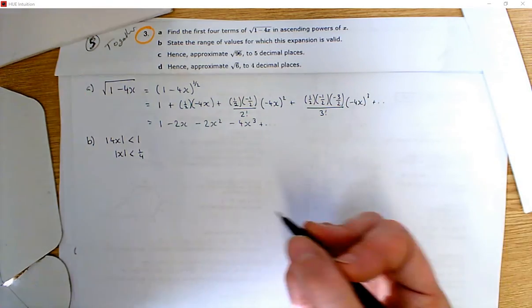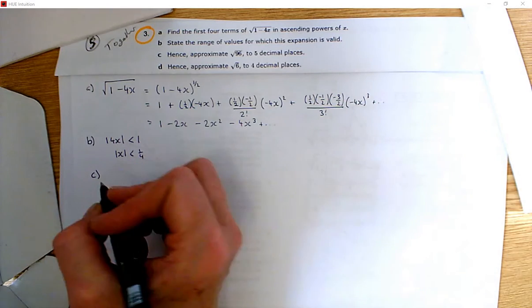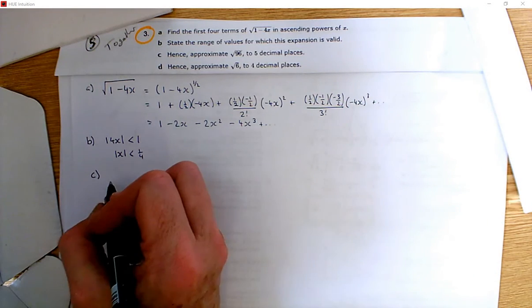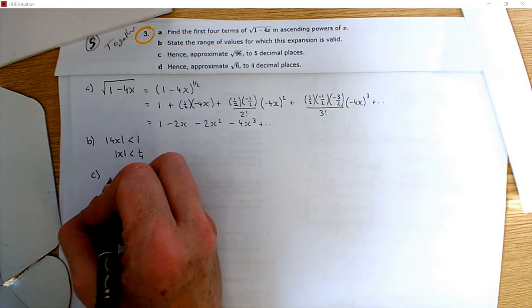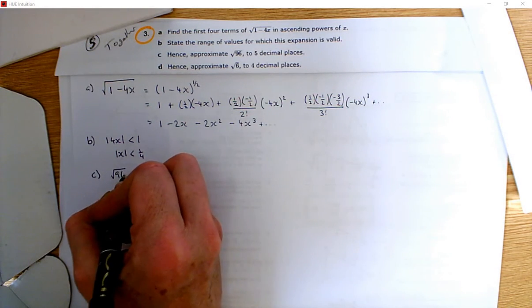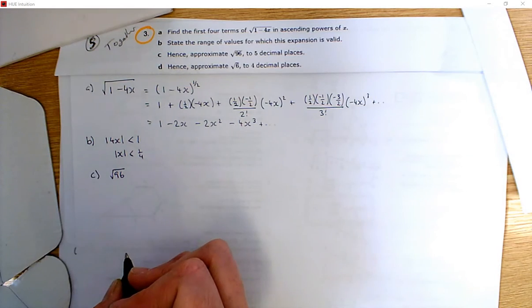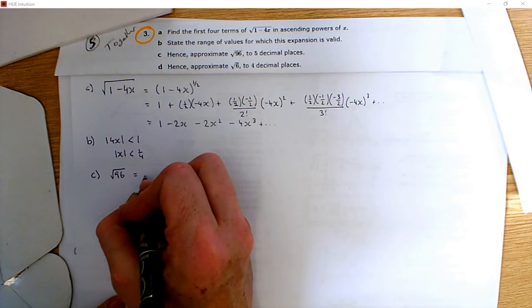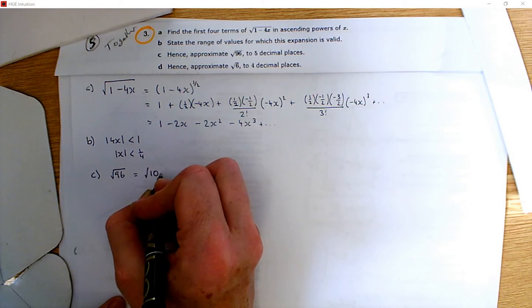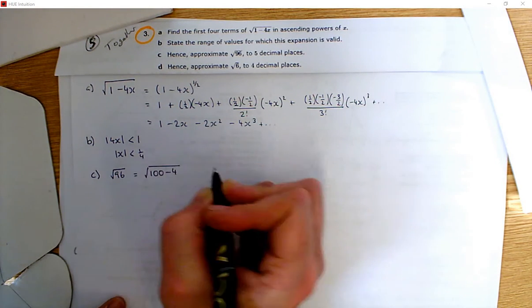Right, now the bit we're really interested in is finding the approximate value of root 96 to 5 decimal places. Root 96. So that's not looking terribly promising because we've got 1 minus 4x. But I do know that 96 is 100 minus 4.